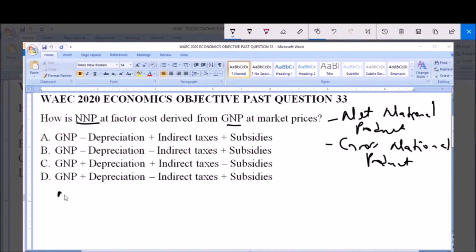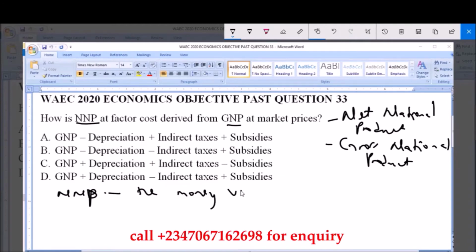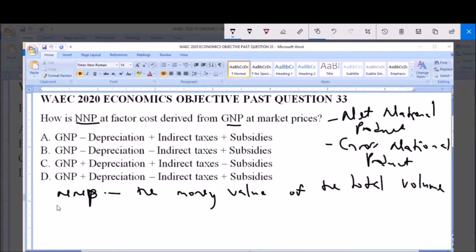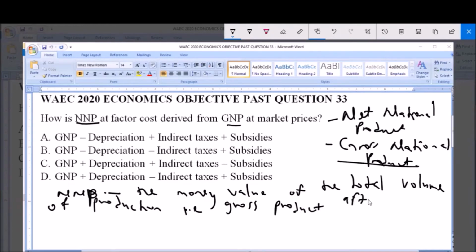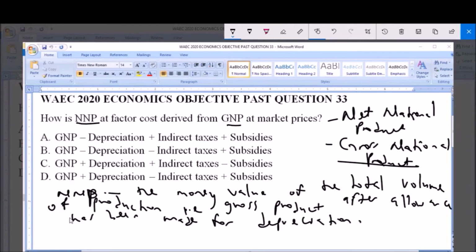Now, the net national product is defined as the money value of the total volume of production, that is the gross product, in this case the gross national product, after allowance has been made for depreciation. And generally the mathematical expression for that is NNP is equal to GNP minus depreciation.